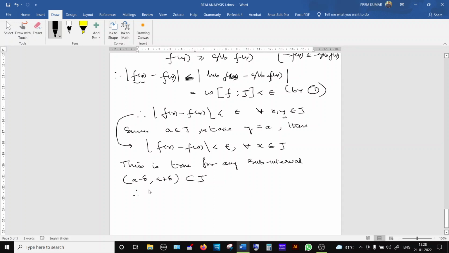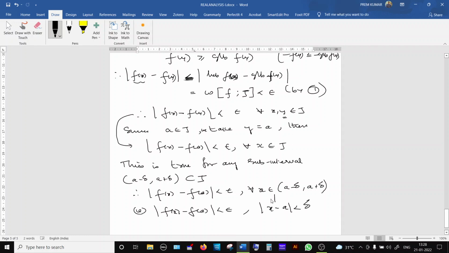Therefore, the final result is that the absolute value of f of x minus f of A is less than epsilon for every x in the interval, that is, whenever the difference between x and A is less than delta. Both are the same, just different notations.